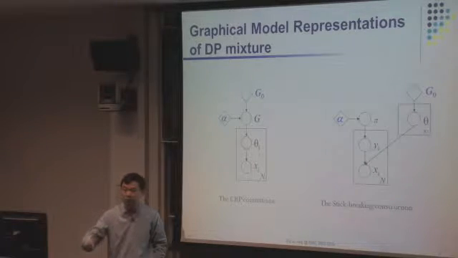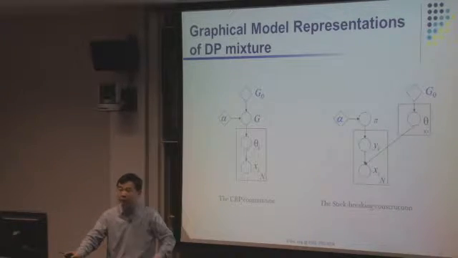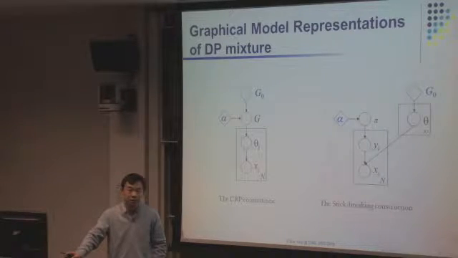Remember, alpha is the residual probability of pulling out a new table if you don't like any of the existing tables. And so it still needs to be specified. And the value of alpha does influence the number of clusters you eventually end up with. But it is a little bit more flexible than setting K to be fixed, say 5 or 6 clusters.